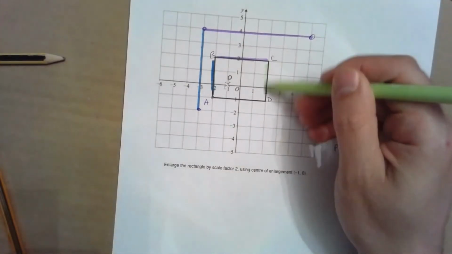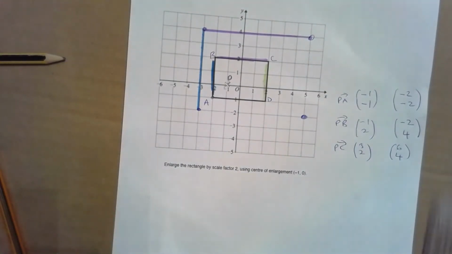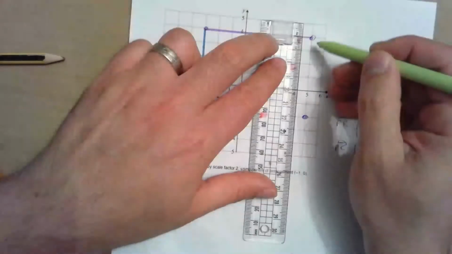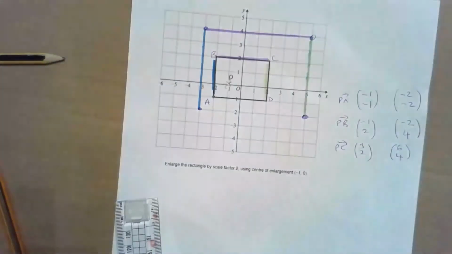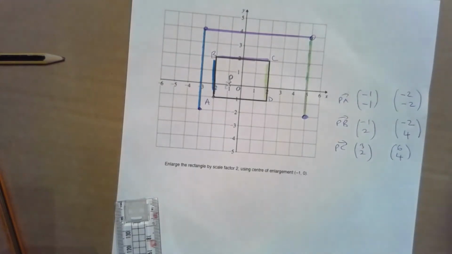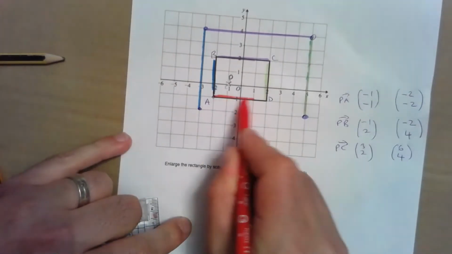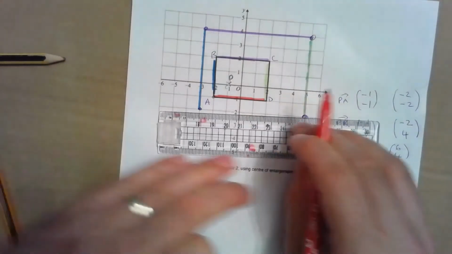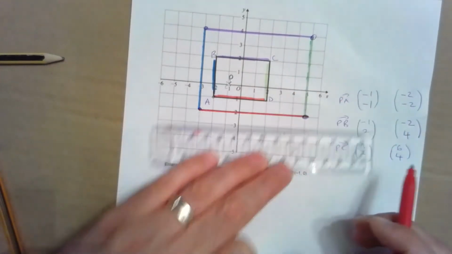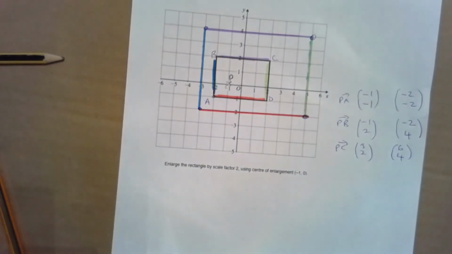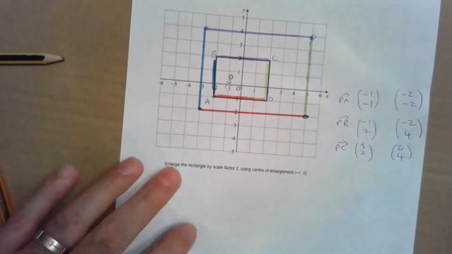CD is transformed to here. And AD is transformed to here. Okay, and that's done.